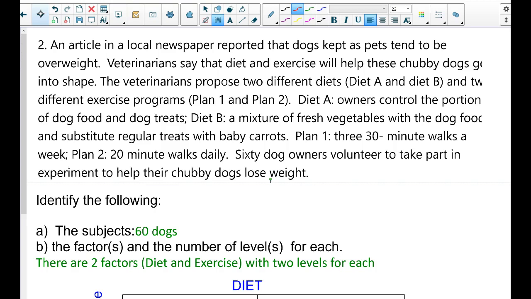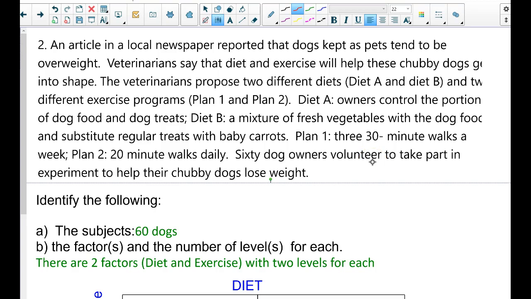Diet B is a mixture of fresh vegetables with dog food and a substitute of baby carrots for regular treats. Plan 1 for the exercise is 3 30-minute walks a week, and Plan 2 is 20-minute walks daily.